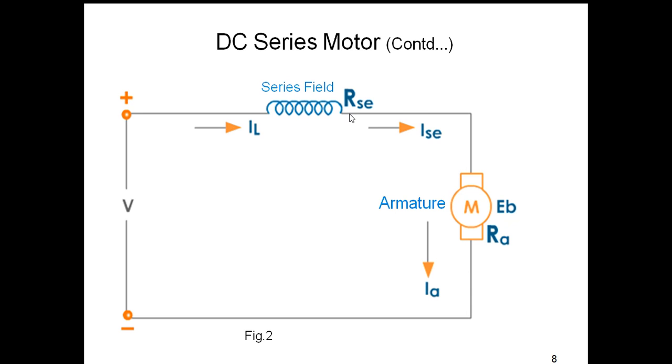RA is the armature resistance, and EB represents the back EMF.